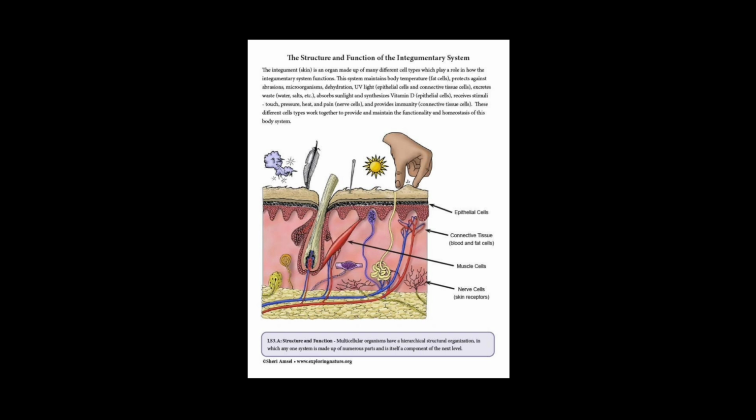The integumentary system contains secretions that can kill bacteria, and there's a pigment called melanin that protects against UV or ultraviolet light. It regulates temperature by restricting the blood vessels when it's exposed to too much cold or vice versa.